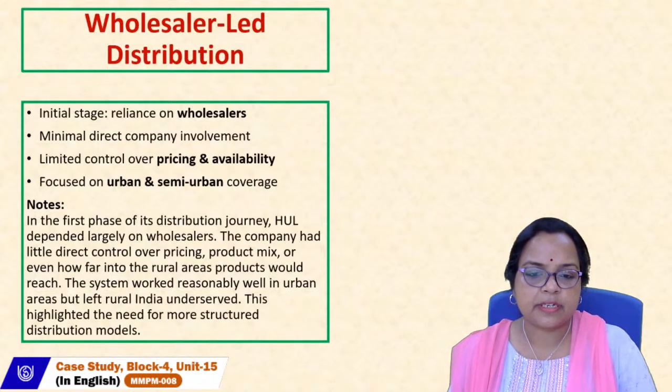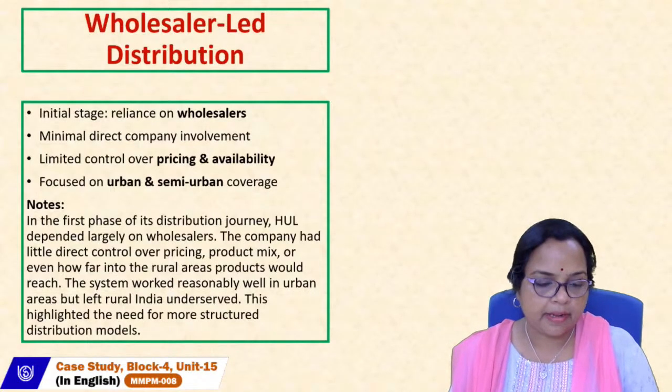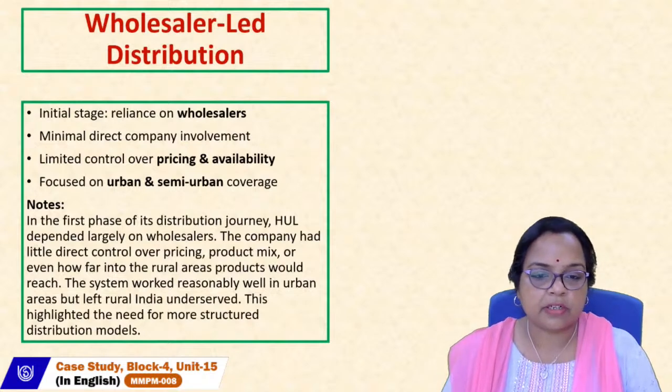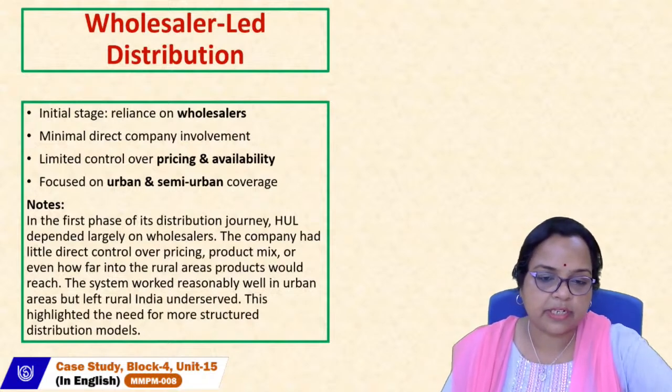The system worked reasonably well in urban areas but left rural India underserved. This highlighted the need for a more structured distribution model. This was an untapped area where the marketer did not have control, being dependent on wholesalers.